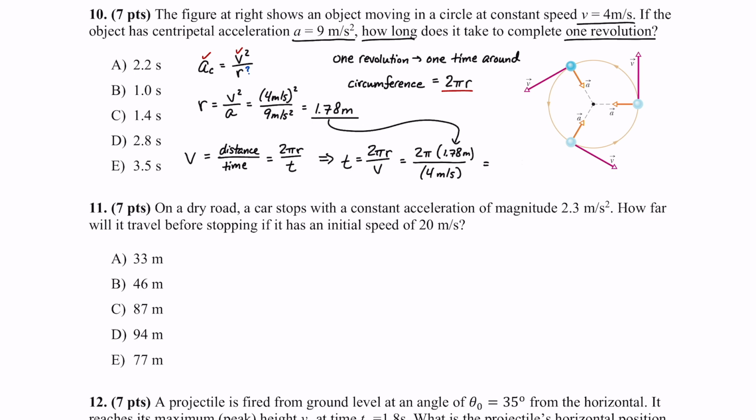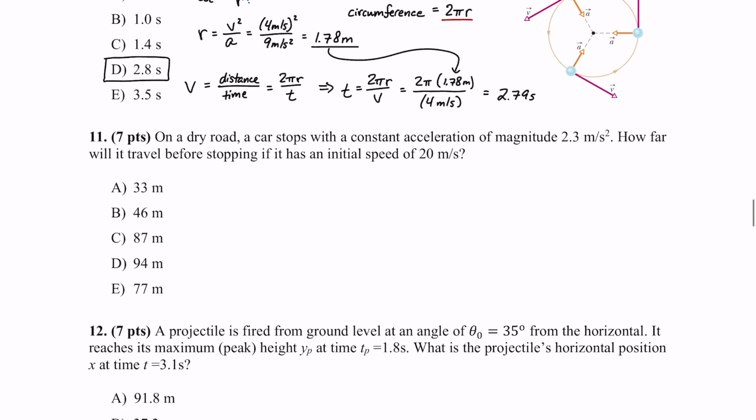Using a calculator to calculate all of these products and divisions, we would find that this is equal to 2.79 seconds, which rounds to answer choice D.